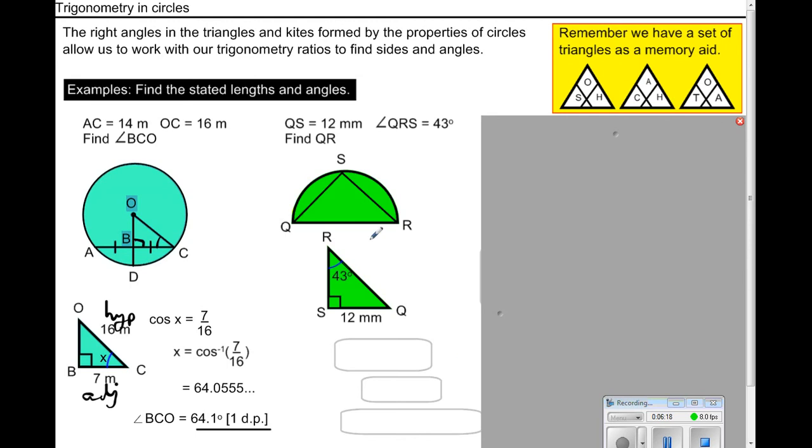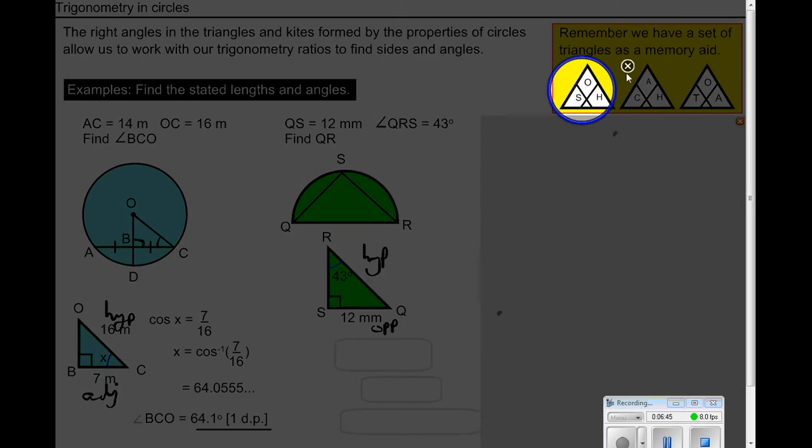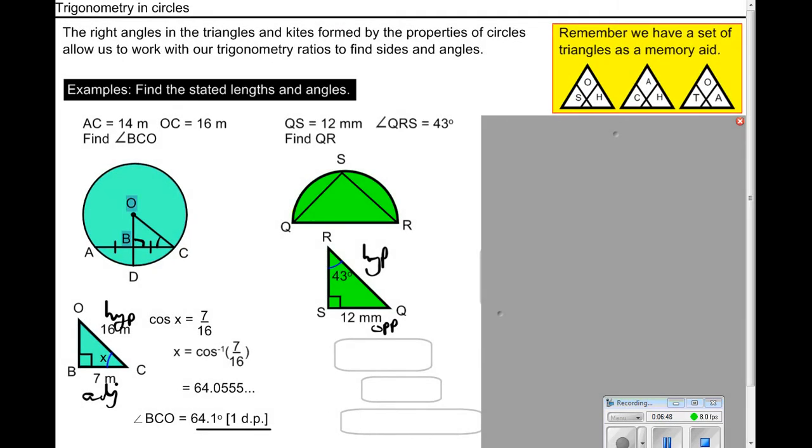So if I label QR straight away, I can see that's the hypotenuse. This 12 millimeters is opposite my angle. Now, I've got the adjacent here. I'm not going to label it because I'm not working with it. So I'm looking for a rule that uses opposite and hypotenuse. So that would be me using the sine ratio. I'm trying to find the hypotenuse, so that means I have to do the opposite over the sine of my angle.